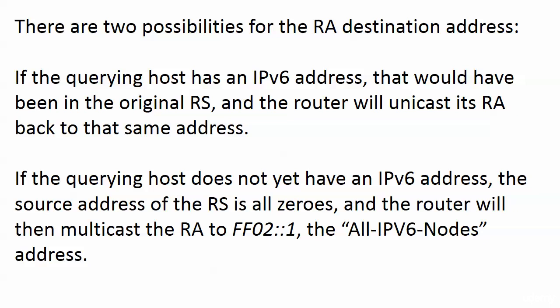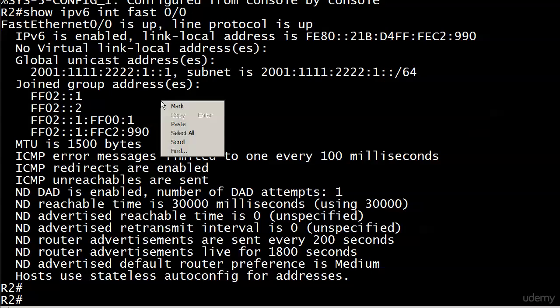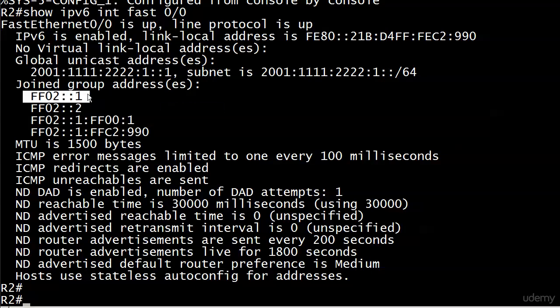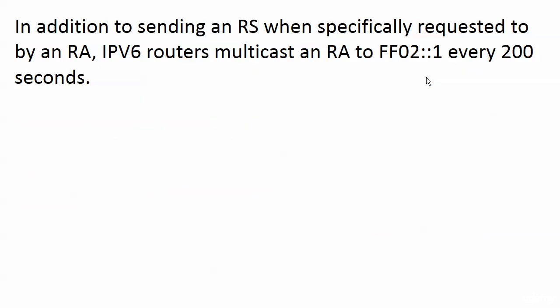That one sounds a little bit familiar as well, and as you can see, our interface there has also joined that group, FF02::1. So that's our all IP version 6 hosts address, and the one below it, ::2, is the all IPv6 routers multicast address.